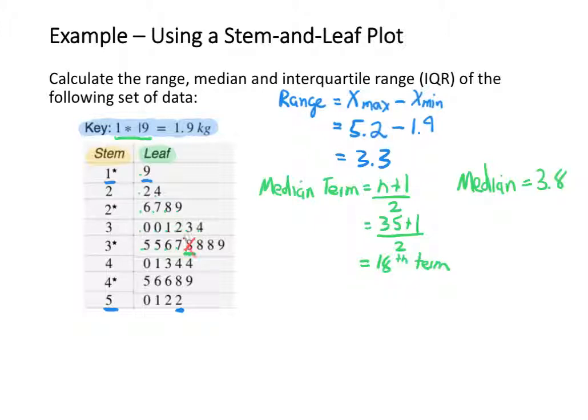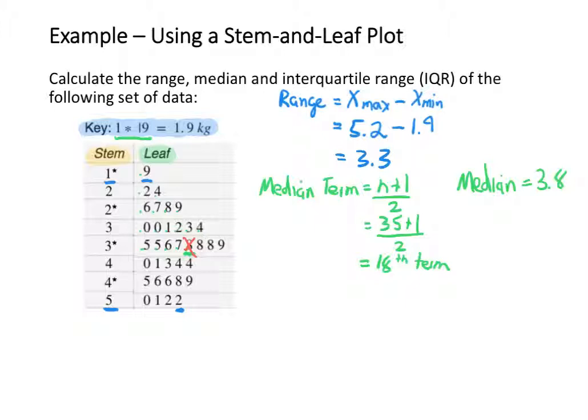So I exclude that from my data set now that I'm calculating the interquartile range, and that leaves me with two halves. The first half goes from 1.9 to 3.7, and the second half goes from 3.8 to 5.2. Within each half, we'll have 17 individual numbers.